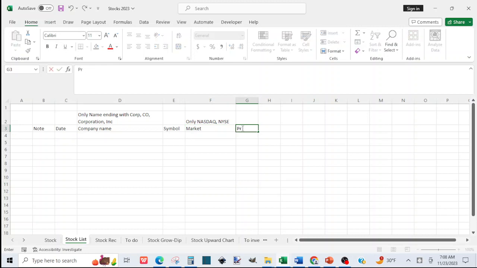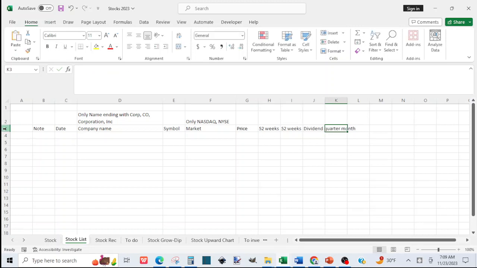You'll have price, the last price it is selling, and what else will you need. So at this point you can have 52 weeks low, 52 weeks high, and then you can have dividend month, dividend, let's call it quarter month.